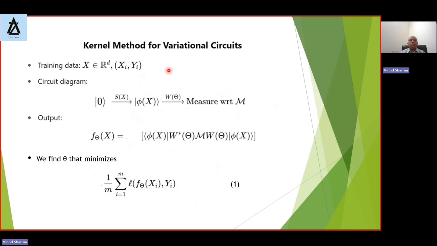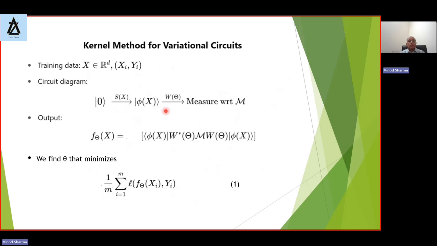So how it is, is as follows. Training data, x_i, y_i, i equal to 1 to m, x belongs to R^d. The variational circuit that we are going to have: |0> is the input state, with whatever dimension, which passes through a quantum circuit S(x). x is the input, so S(x), and the output of that is represented as phi(x).